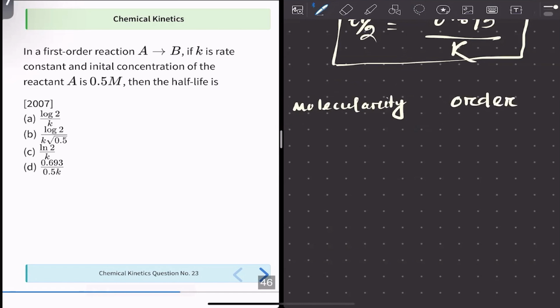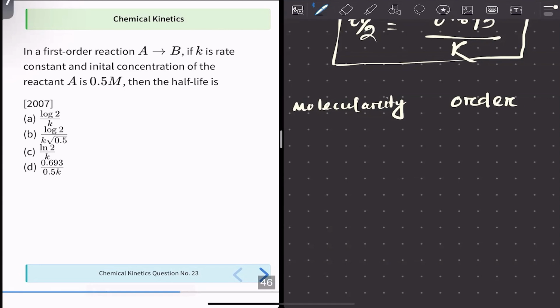Molecularity is like how many molecules are involved in this reaction for the formation of product, and it is a theoretical concept. But order of a reaction is an experimental concept. Order of a reaction we find by an experiment. But molecularity is a theoretical concept.